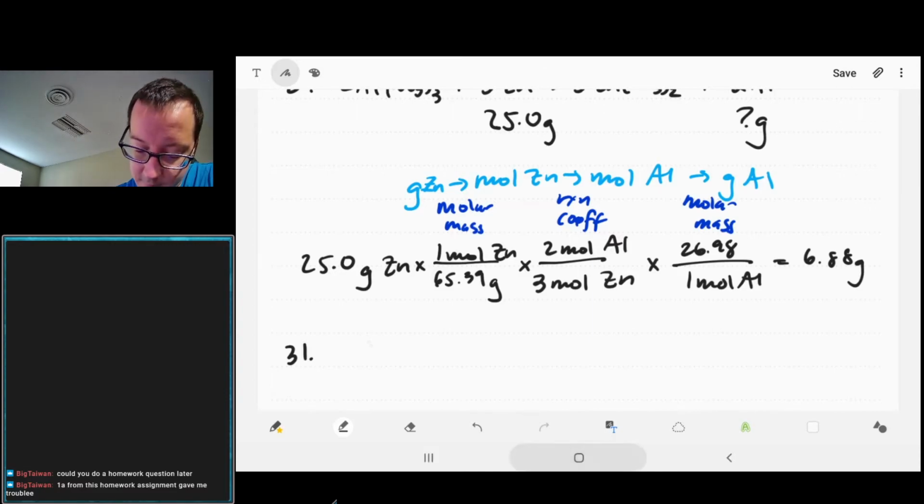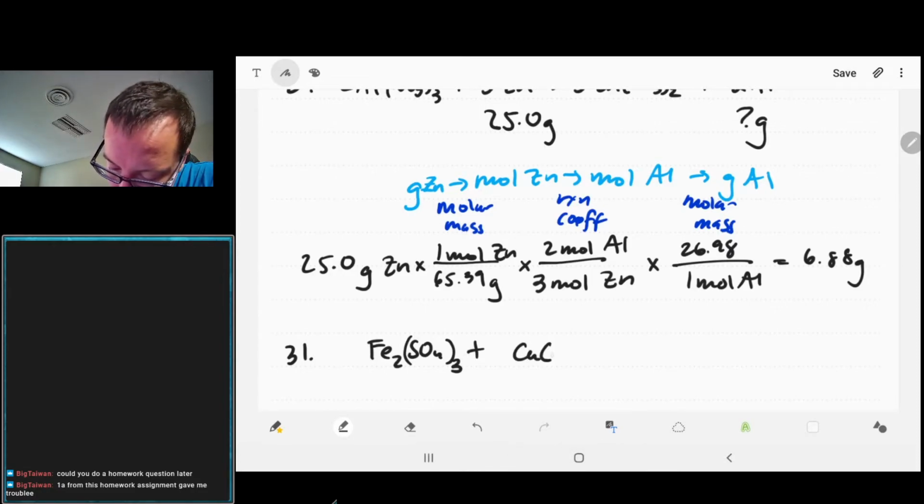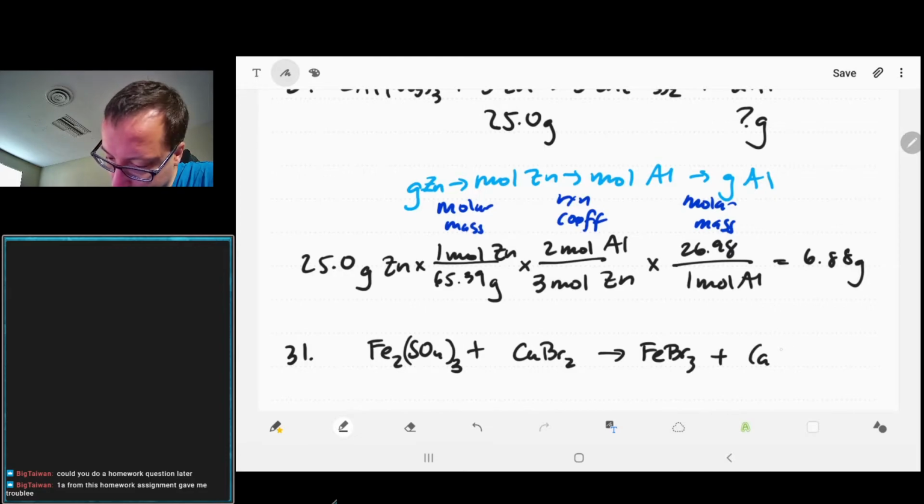So that's this compound. Ferric sulfate is this. Calcium bromide is our other one. Remember, for a double displacement reaction like this, our charges do not change.